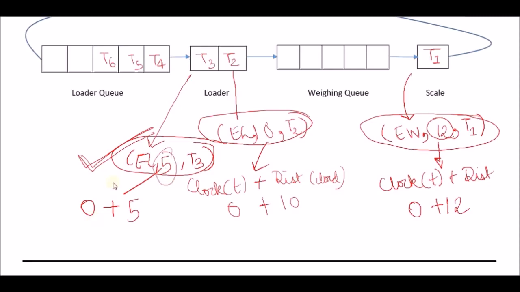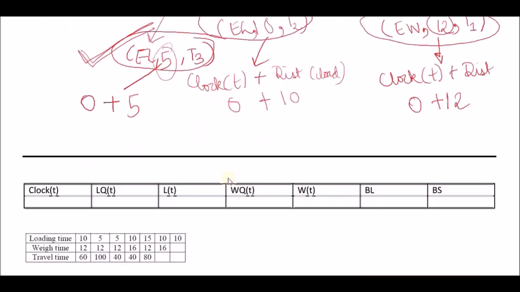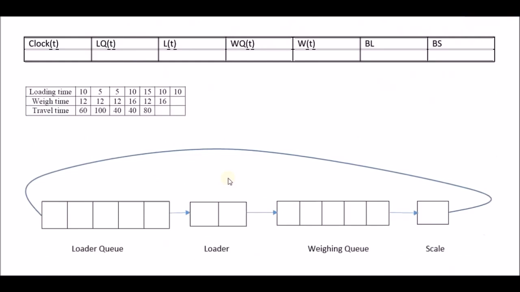So this is where our next step is going to be, or the first column, how we are going to fill. So in the next instance, we arrive at this place. Now the clock is going to be 5, because the eminent event chosen in the previous step was 5, and hence we advance till 5.